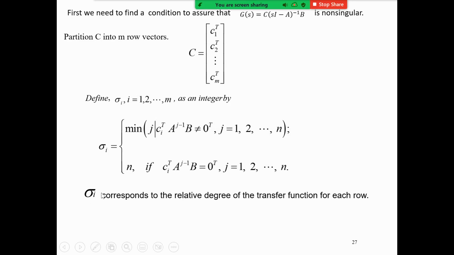So sigma_i is very important for you to design the decoupling, because the other matrices will totally depend upon sigma_i in the rest of the procedure.